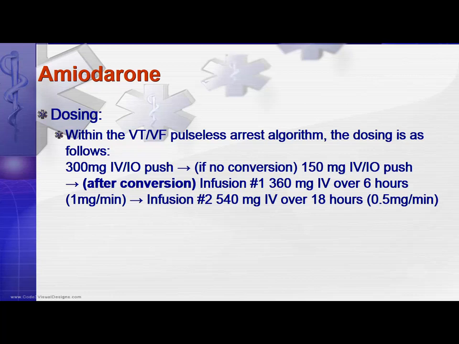Cardiac arrest dose: 300 milligrams push, followed by 150 milligrams, whereas in your tachyarrhythmia, you got 150 over 10 minutes, followed by what? Alright, is it? I don't think it's all about 3 minutes.